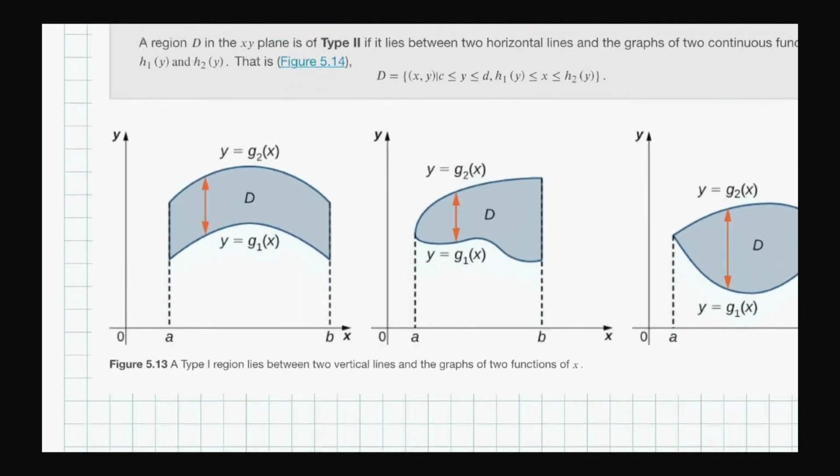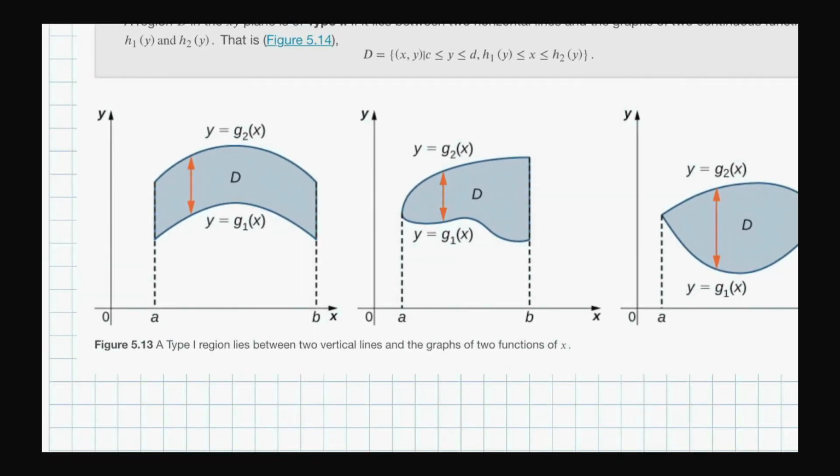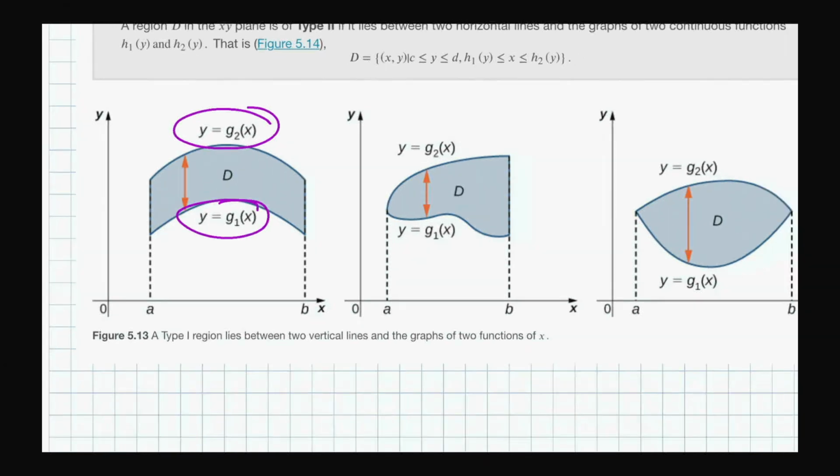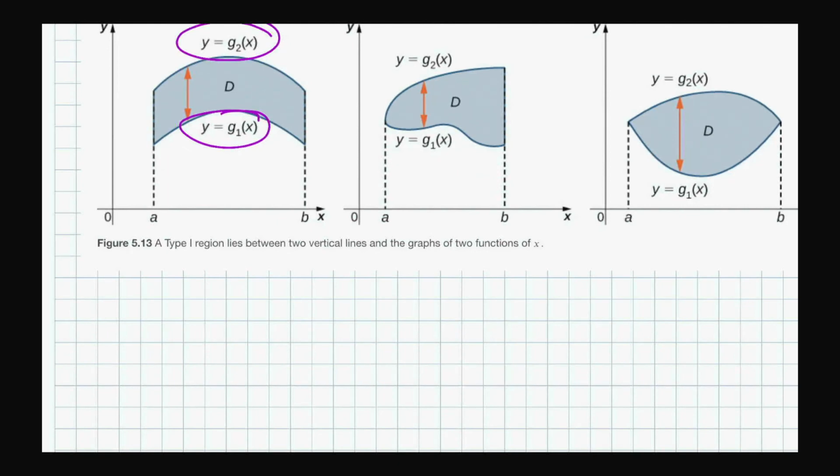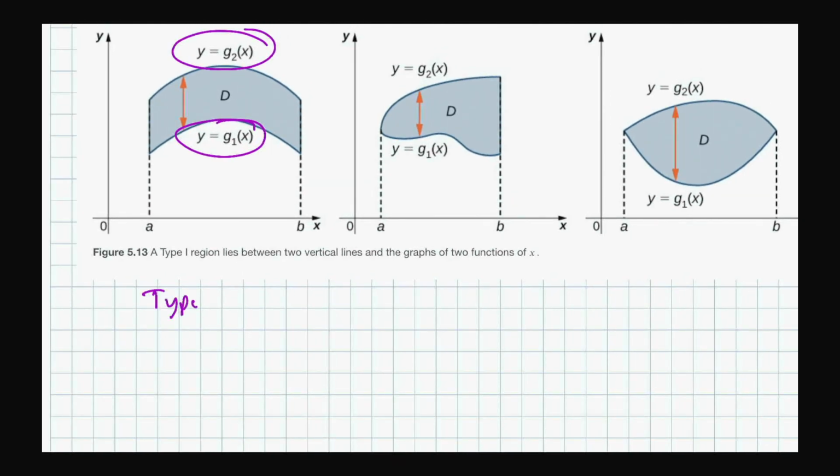The key here for type 1 is that your top surface is given as y equals something, and your bottom surface is given as y equals something. So you have straight lines on the edges. Type 1 is vertical lines on the edges, if there even are lines on the edges. You can have triangular type regions and stuff. There might not be lines on the edges.